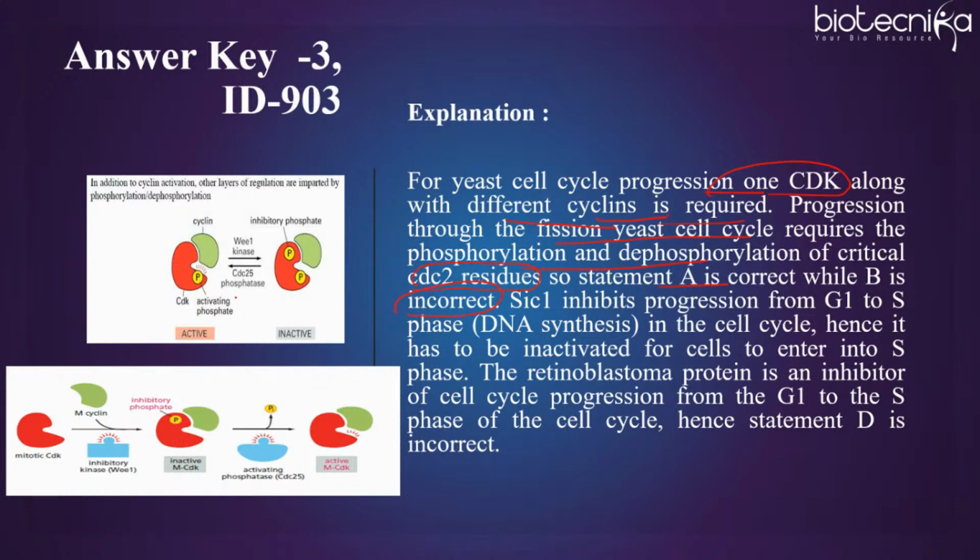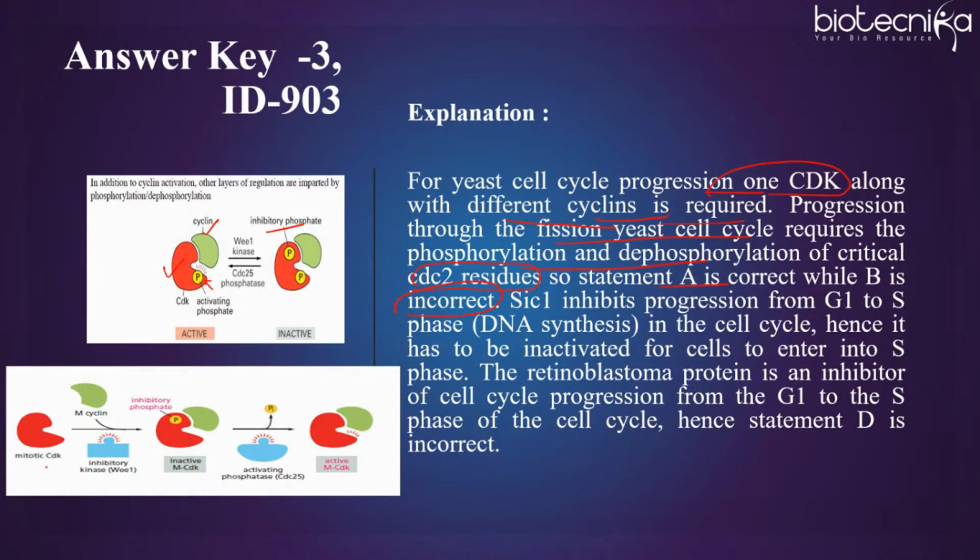In this figure, you see the cyclins and CDKs. These cyclins and CDKs will activate the proteins responsible for the fission that occurs in yeast. Here the CDK has two sites where it can be phosphorylated. One is an activating phosphate that is added and another is an inhibitory phosphate. So both activating and inhibitory phosphate can be added.